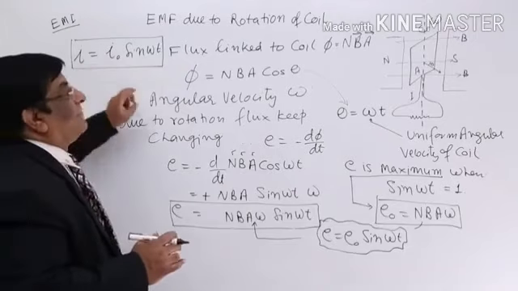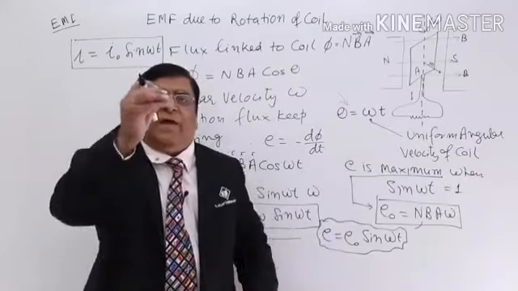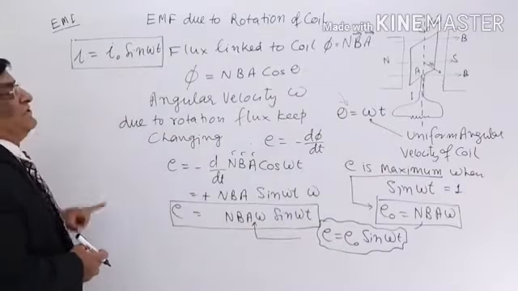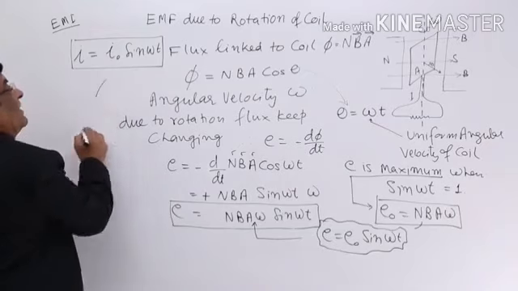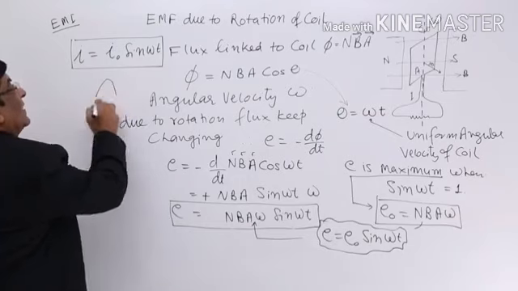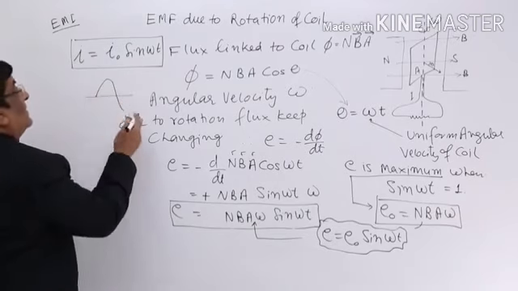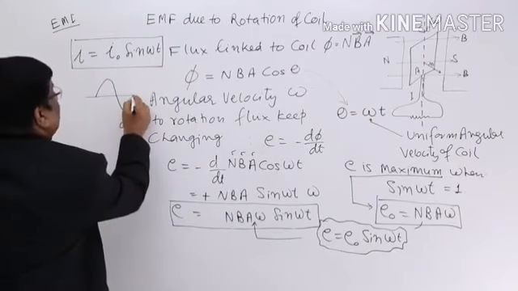But the generators which we are using in our household, in our bulb, fan, everything, are giving a current which is continuously changing. Sometimes this current is 0, sometimes it reaches maximum value, again becomes 0, then this current reverses, becomes opposite in direction, maximum, and then again becomes 0.